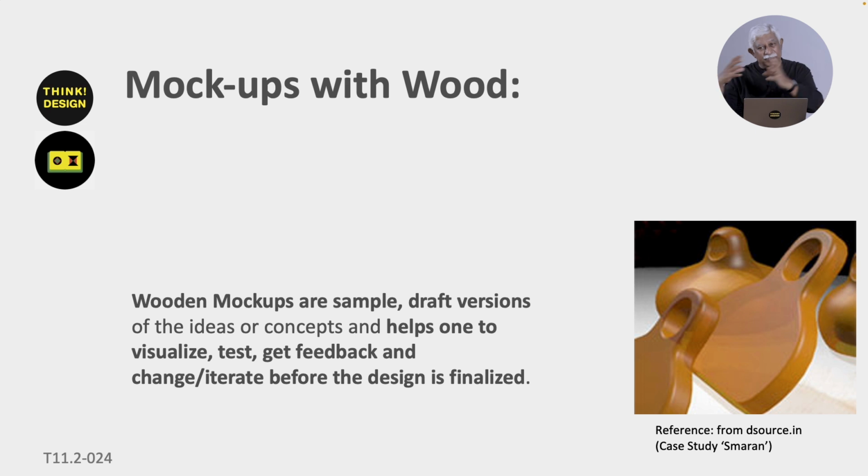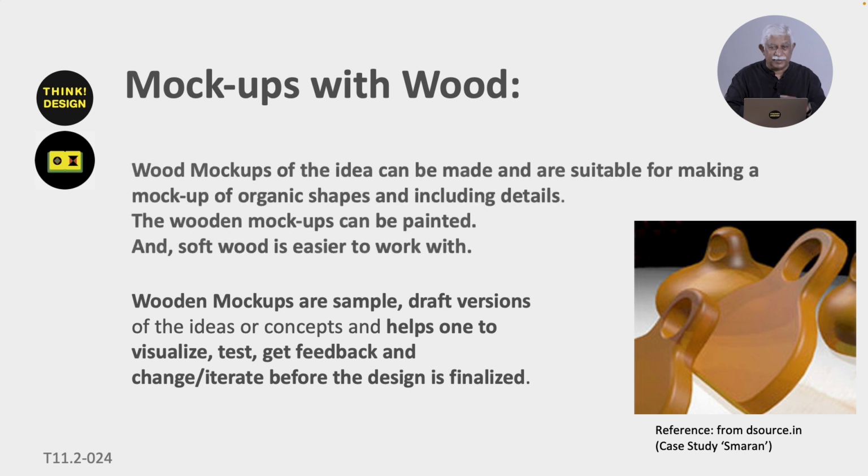Now digital printing has come, so some of it has reduced, but if you're doing furniture, you'll still make your models with wood, or if it is a very soft, curvy surface, wood becomes quite a nice material to work with. Because with wood, you can polish it or paint it. There are many possibilities, and you can make many details with that. Again, it's suited for organic shapes.